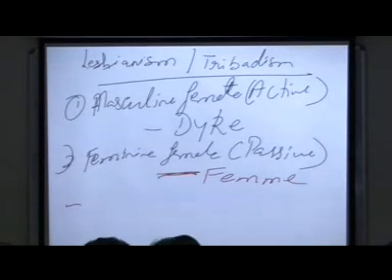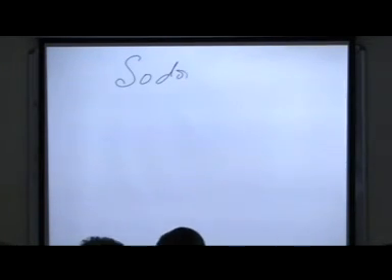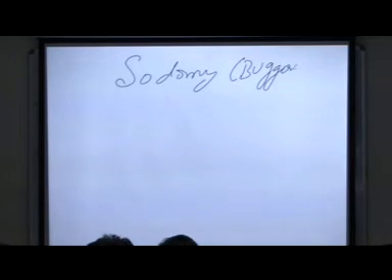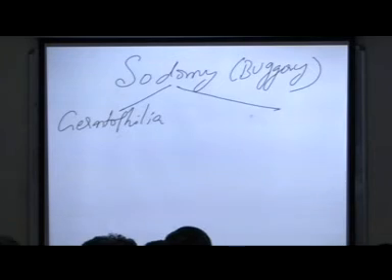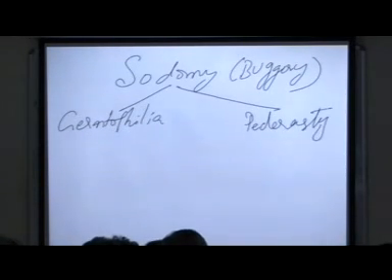Okay. Coming to sodomy, also called buggery. It is of two types based upon the passive agent: gerontophilia and pederasty.